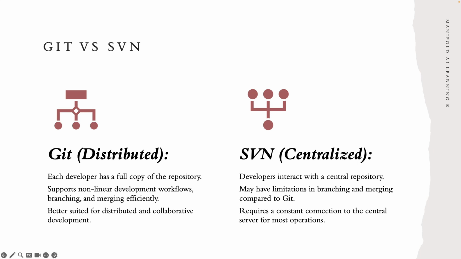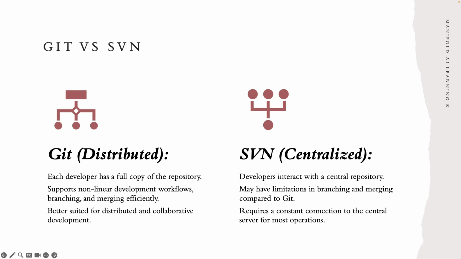And this is better suited for distributed and collaborative development. Now, apart from that, we also have SVN. We have understood that it's a centralized version control system. So in this case, the developers, when they are working, will be interacting with the central repository.